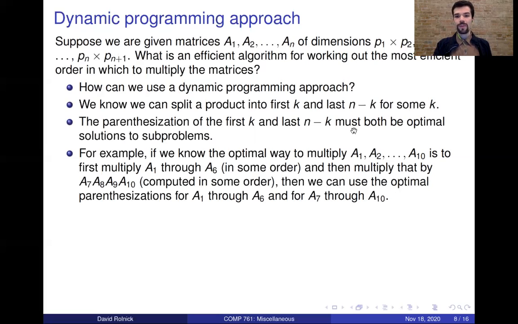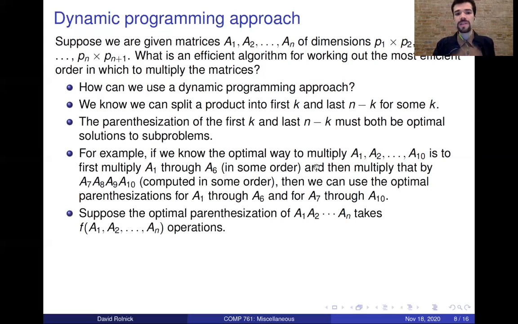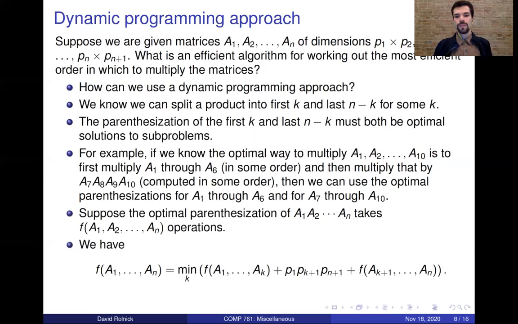In this case, we can use these smaller subproblem solutions to get our bigger solution. So suppose the optimal parenthesization of a1 through ak takes this number of operations. So what is this? Well, if we broke it at k, the first k and then the last n minus k, this number of operations is the optimum for the first k.